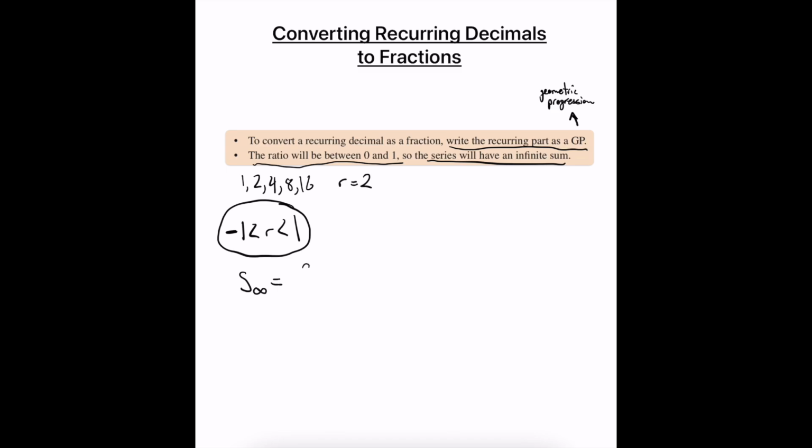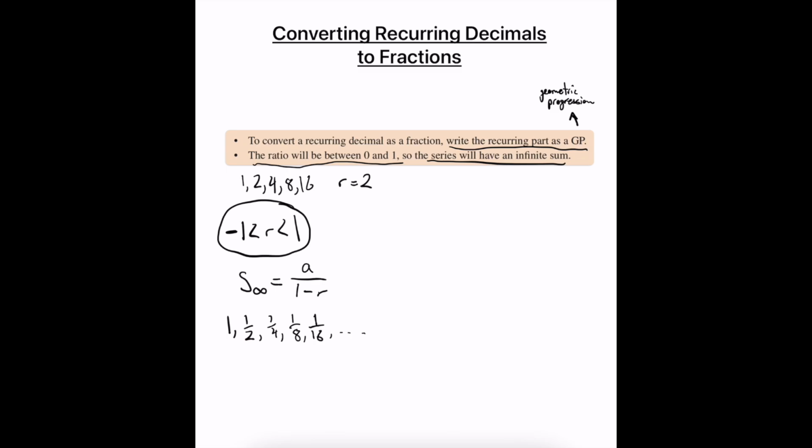What we should know is that the infinite sum of a GP is equal to A, our first term, over 1 minus R, which is the common ratio, whatever that may be. To give you an example of what a series with an infinite sum looks like, it would be something like 1, a half, a quarter, 1/8, 1/16, and so on.